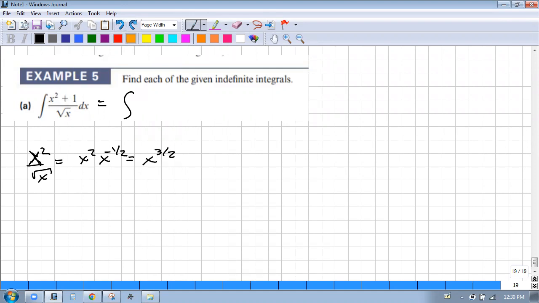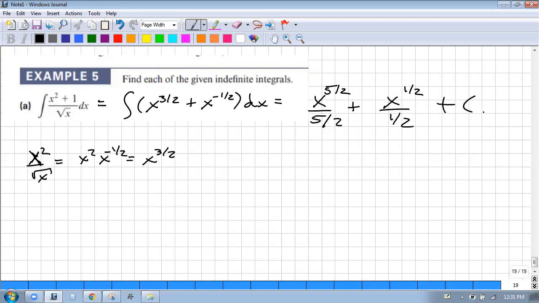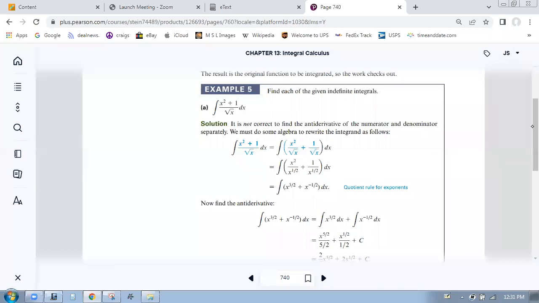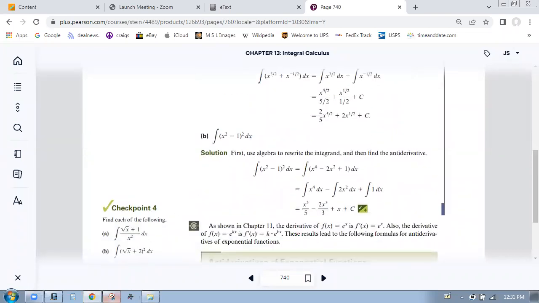So I would take that and rewrite it as x to the 3/2, and then that would be x to the minus 1/2. So for the first one, I would add 1 to 3/2, 5/2. Add 1 to minus 1/2, that'd be a positive 1/2. Add a constant. And of course, do the arithmetic to make these pretty, right? Something like that. Like the answers be pretty. That's 1, 2, 3, there's another one.